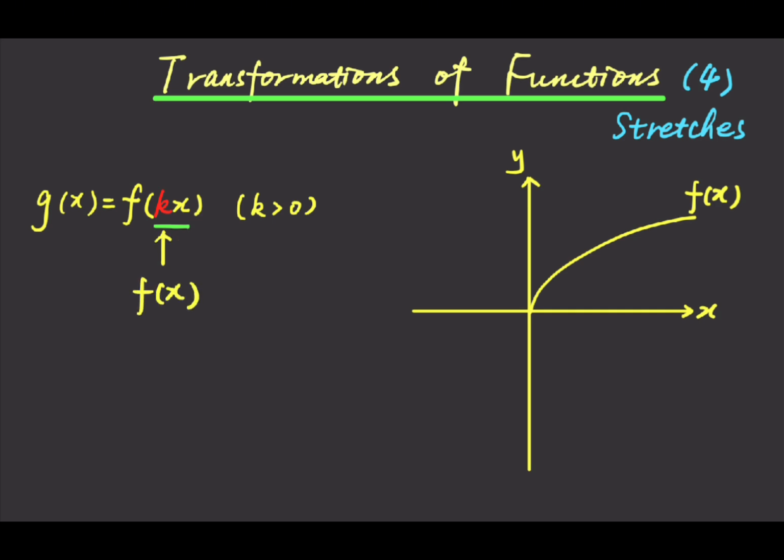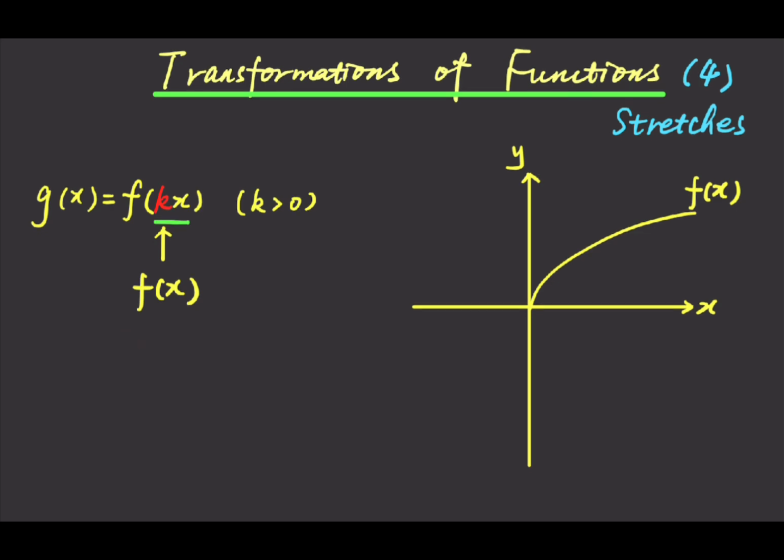We need to use k times x equals the original x0 on the original function's graph. Here it should be f(x0).